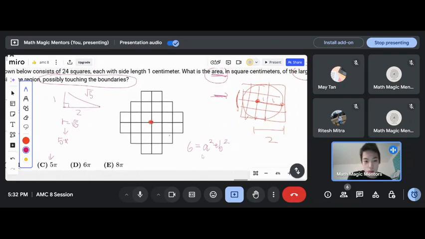So what can we do here? Can we actually get 6 from a sum of two squares? So 1 squared, we can't have 0 because that doesn't make sense. It's a straight line. So 1 squared plus root 5 squared.